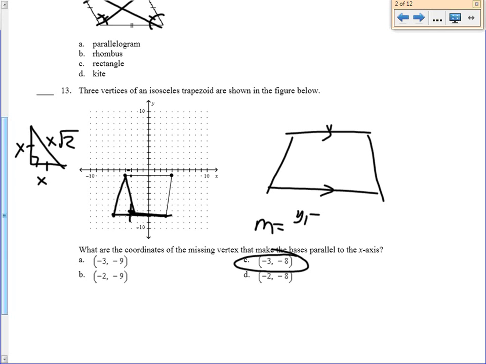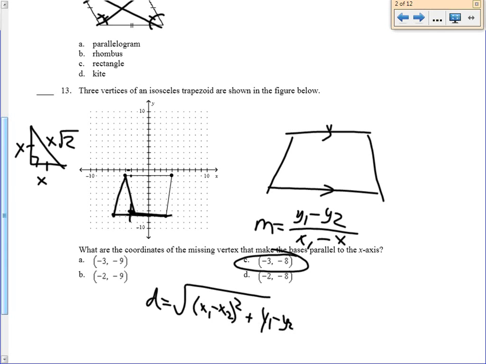So I go y1 minus y2 over x1 minus x2. Or I check the distance formula. D equals the square root of (x1 minus x2) squared plus (y1 minus y2) squared. And I can see that they're the same distance, that this is the same distance as this. So it turns out that that's C.